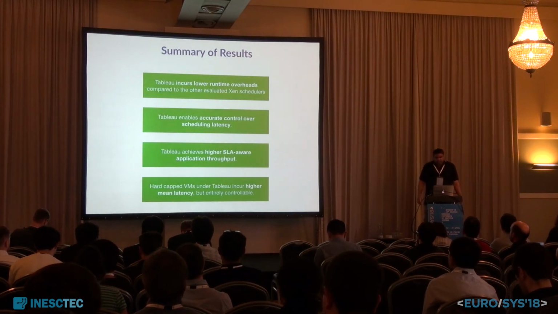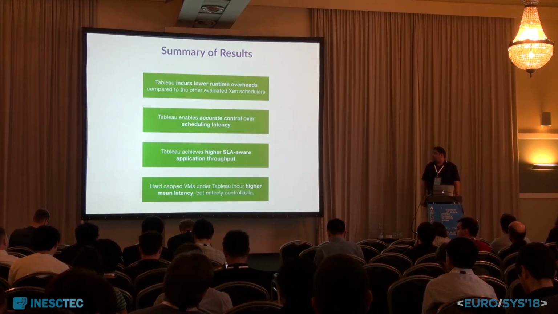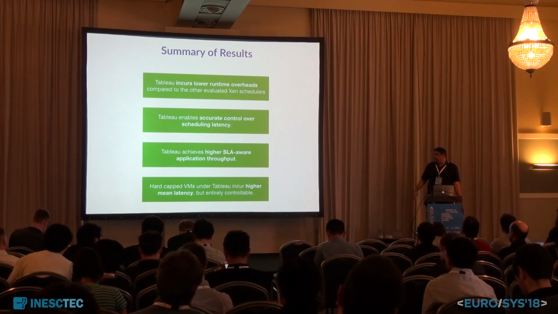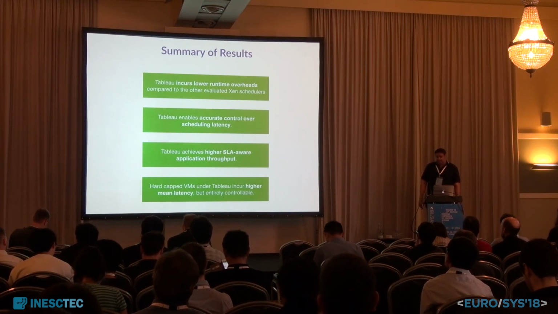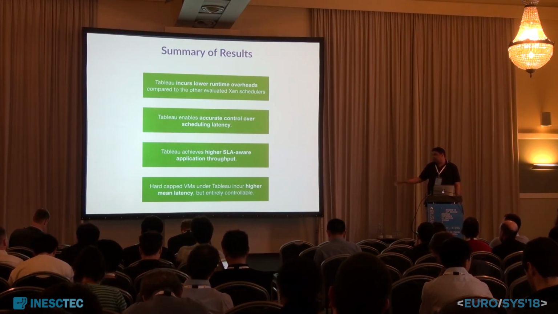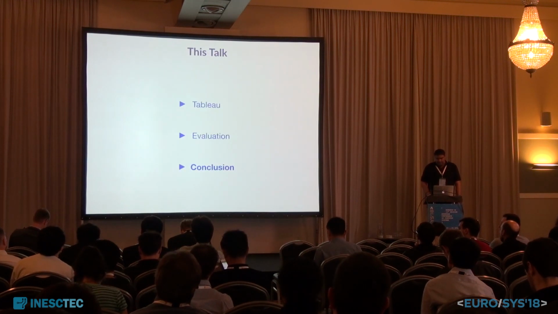So to summarize, Tableau incurs lower runtime overheads and enables more accurate control over scheduling latency, not too surprising. And as I showed, it results in higher SLA-aware application throughput. And although hard-capped VMs under Tableau incur slightly higher mean latency, this is controllable through the scheduling latency parameter.